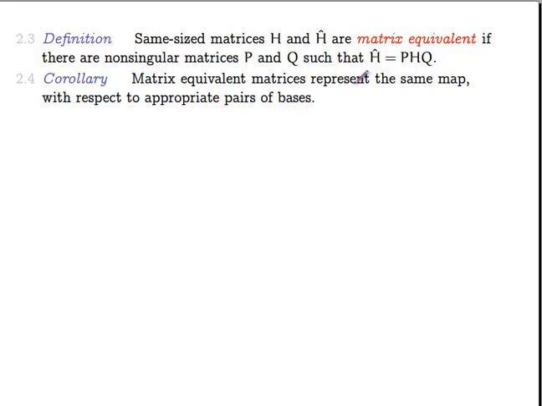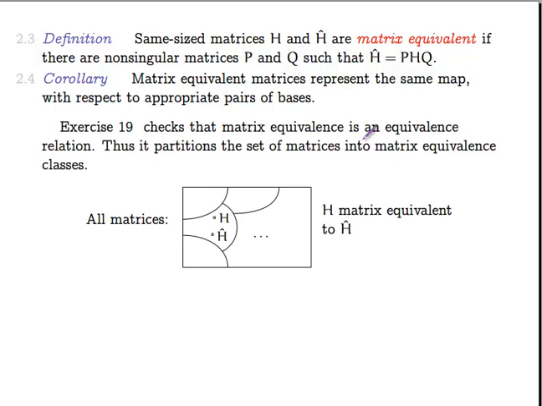Why is that? Because any non-singular matrix here represents a change of basis, and any non-singular matrix there represents a change of basis. So we can simply write down those changes of bases and get an expression of this with respect to a different basis.